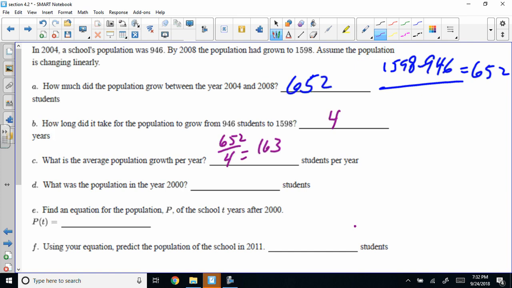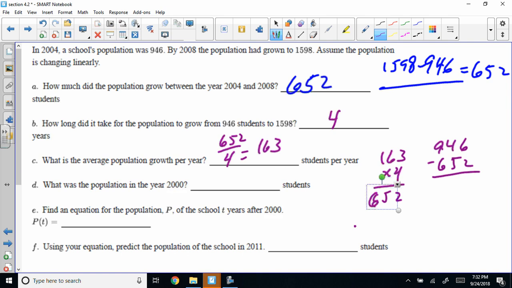You could take 163 times what? Times 4, right? And then what was it? 946 minus this number. So what does that give me? 652 students.